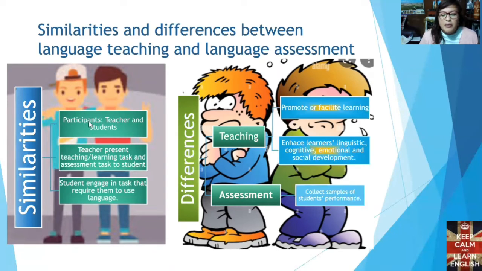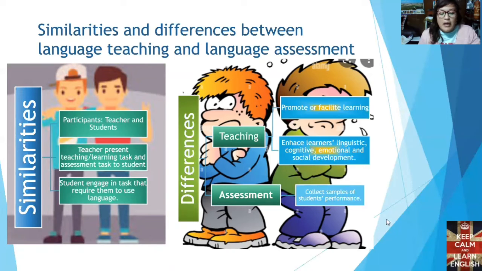The first is that both require the participation of teachers and students, because without them, there is no teaching-learning process. Okay. And the second similarity is the presence of the teacher in the execution of assessment tasks, either to teach or to learn. And the third similarity is the participation of the student in the accomplishment of tasks that use language.